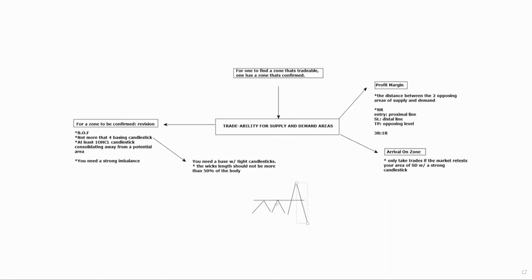So you're looking for areas where the market goes there in a strong way, fills in the orders, and at the same time moves away, right? And then the last element, which we discussed in the previous video, is freshness.